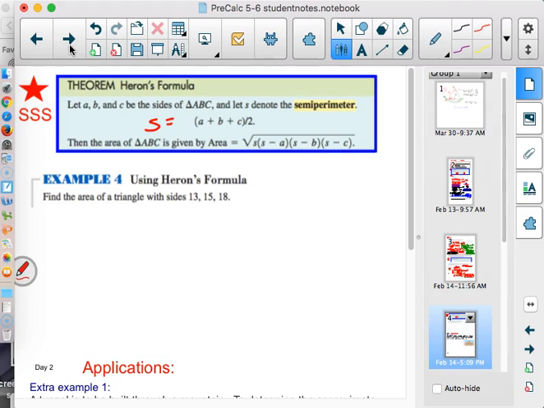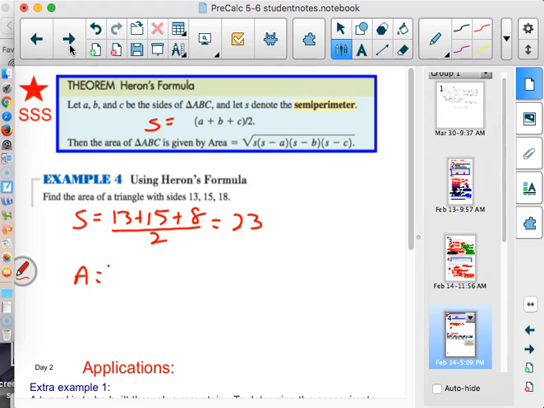So we need to find s. It's not a hard thing to do. 13 plus 15 plus 18 divided by 2. Little 23 for s.